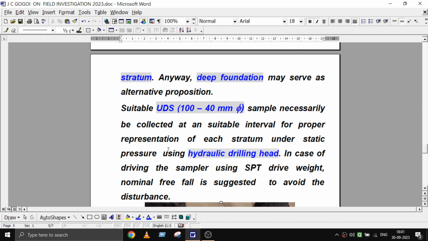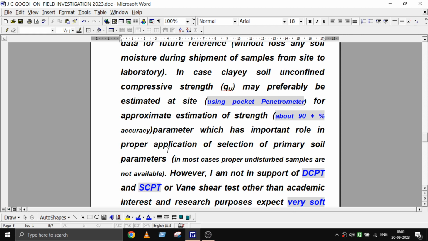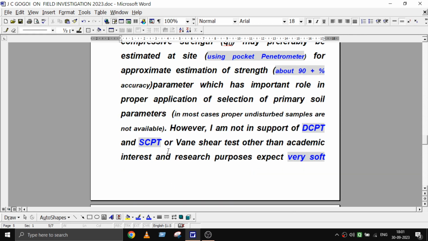As such, we may not get so much good core. So if we collect some information from the field data, we can incorporate it with our final laboratory data. At least we can take a decision for that formation.